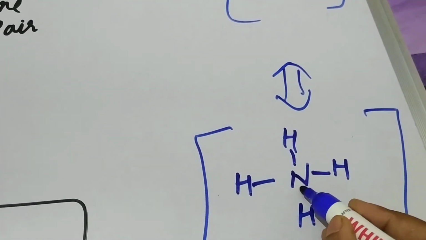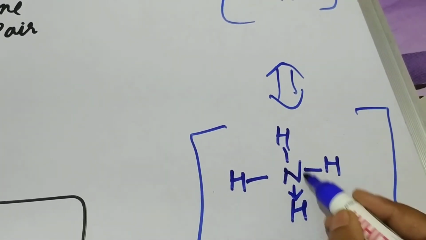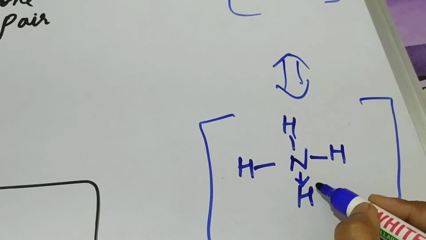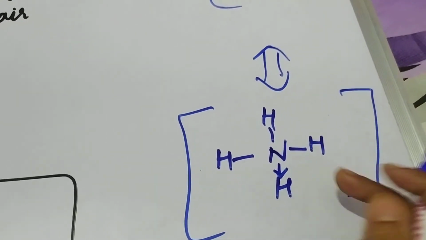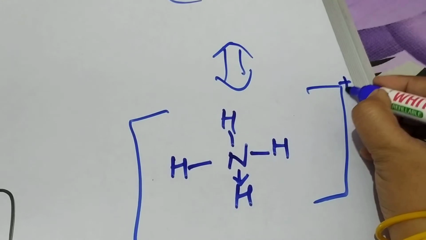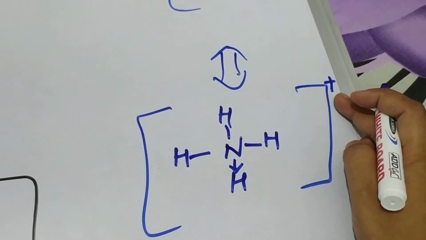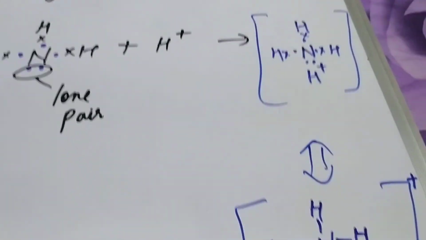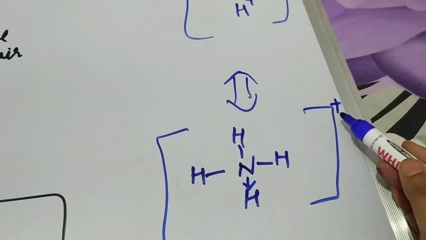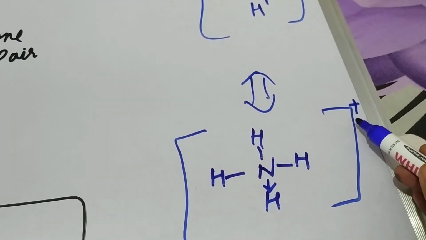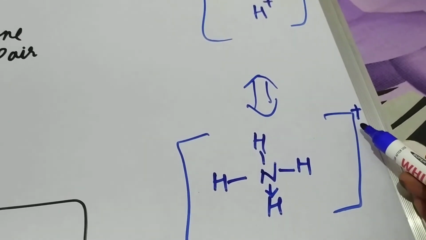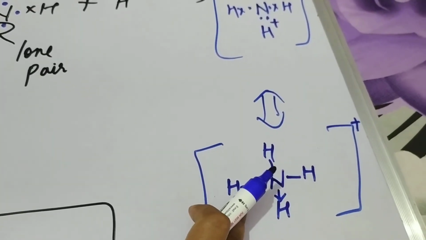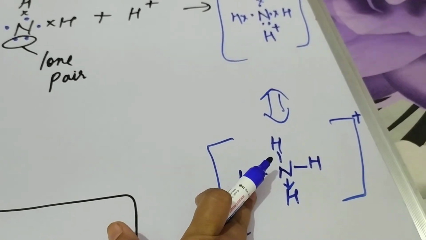So I will put an arrow here to show that 2 electrons of this nitrogen have been given fully to this H positive ion. Either you put H positive here or you put H positive here, but it is better to put the charge outside the bracket because on the whole we write it like this, ammonium ion. So you have to put the positive charge on the outside of the ammonium ion. Now here no lone pair of electrons is left behind.